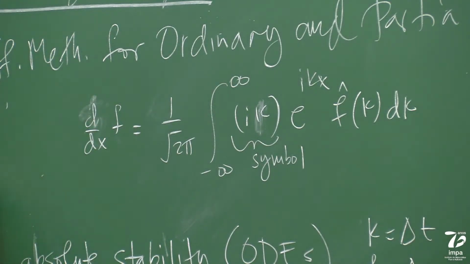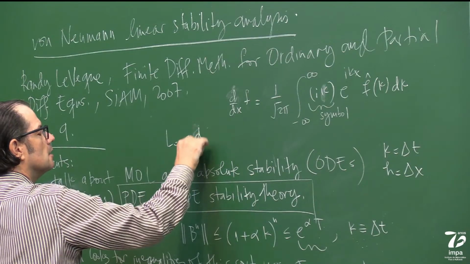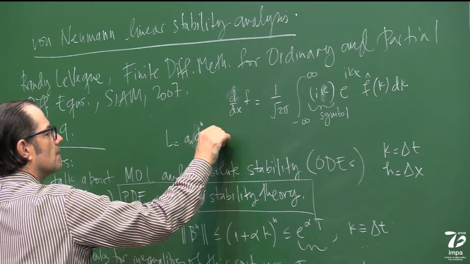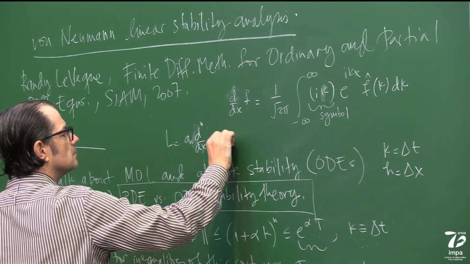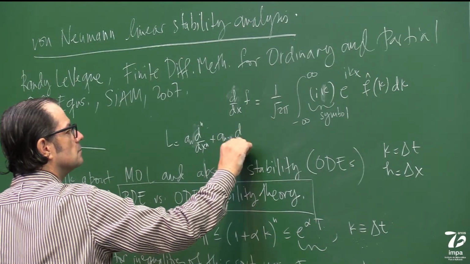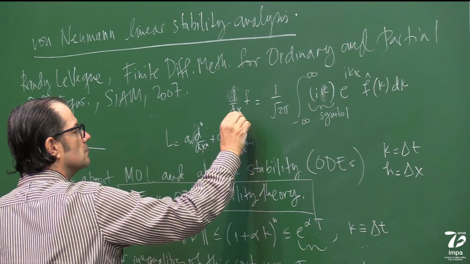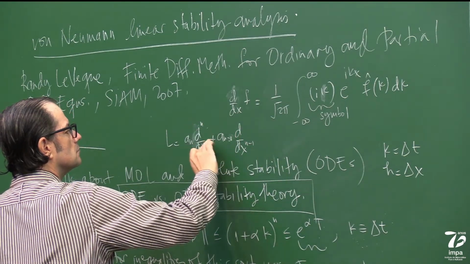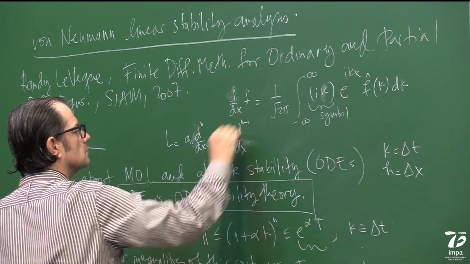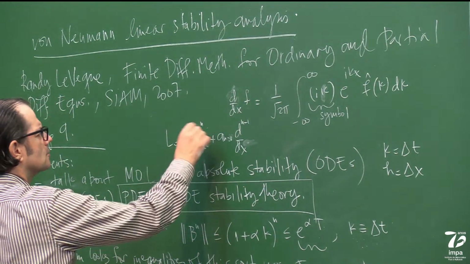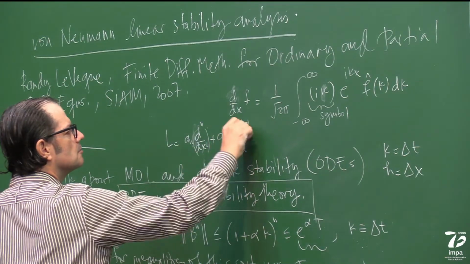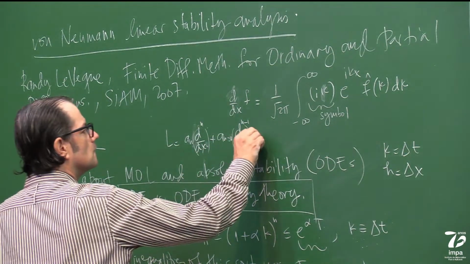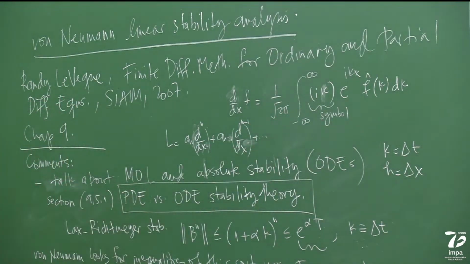Now if I use L, which is like this, a_n and so on, we put it like this just to be on the simple side. This here will be a polynomial.